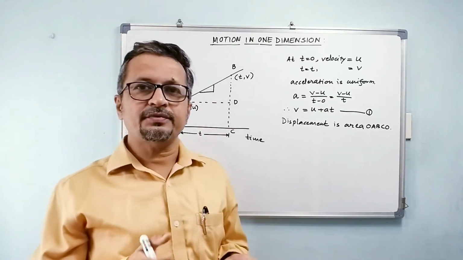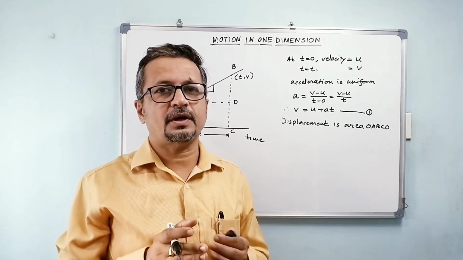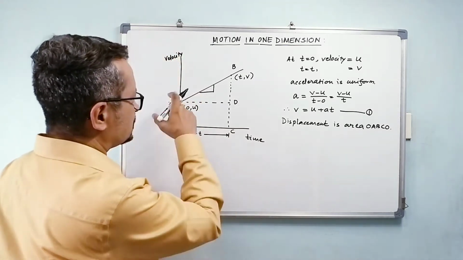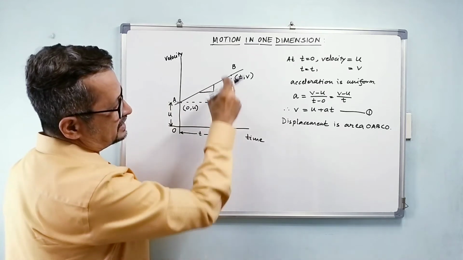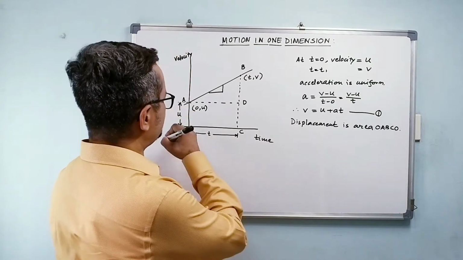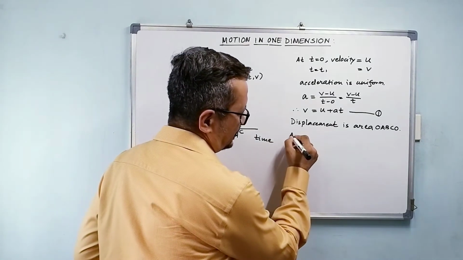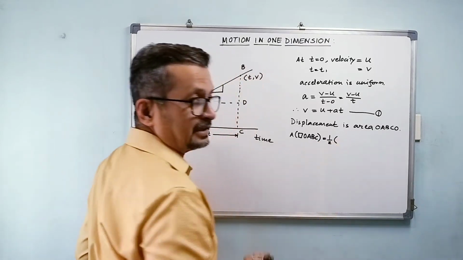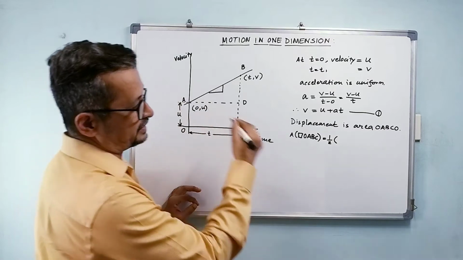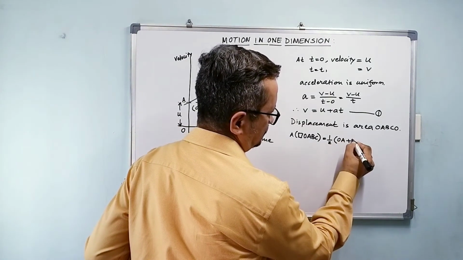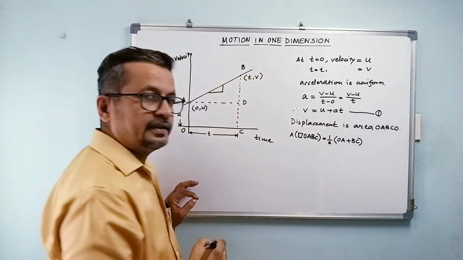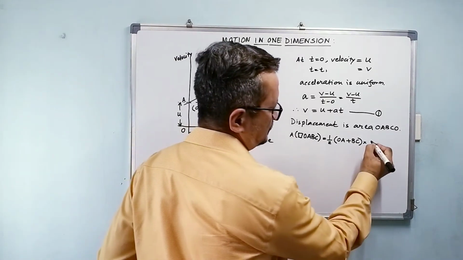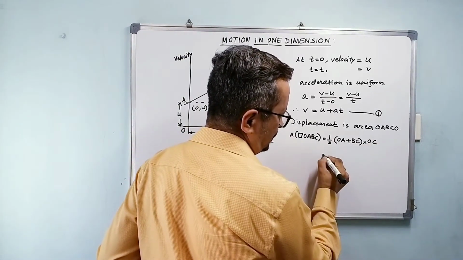It is half into the sum of parallel sides, multiplied by the height. The parallel sides are OA and BC, and the height of the trapezium is OC. So the area of trapezium OABC is half into OA plus BC, into OC.